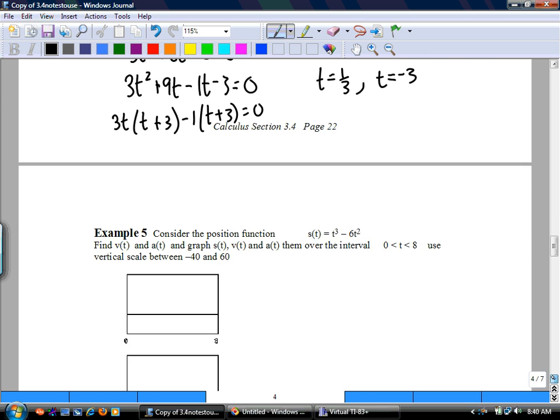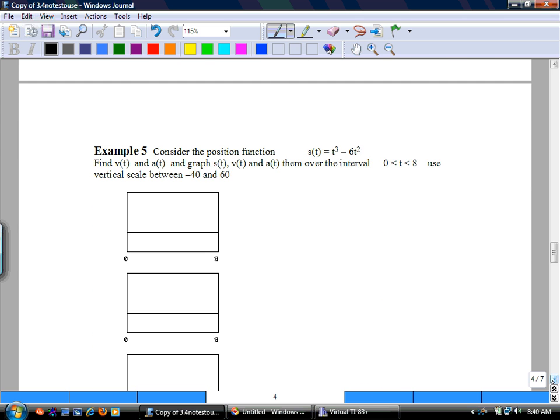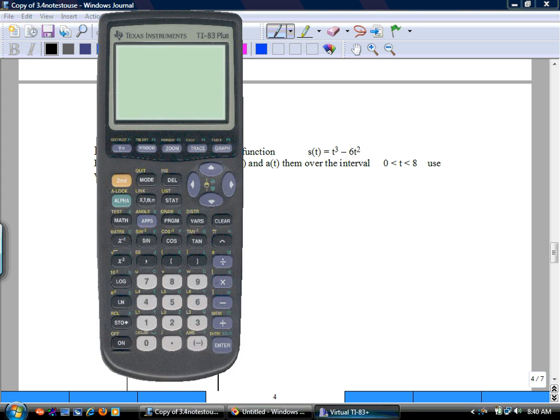Okay. Consider the position function s of t equals t cubed minus 6t squared. Find v of t, a of t, and graph them. Use the vertical scale between negative 40 and 60. So, graphing calculator.